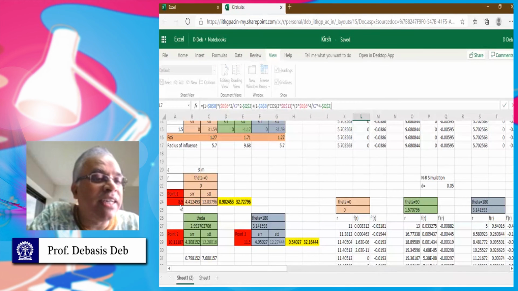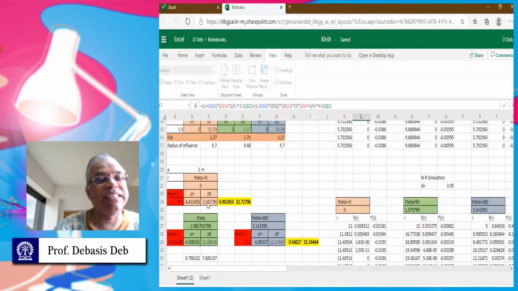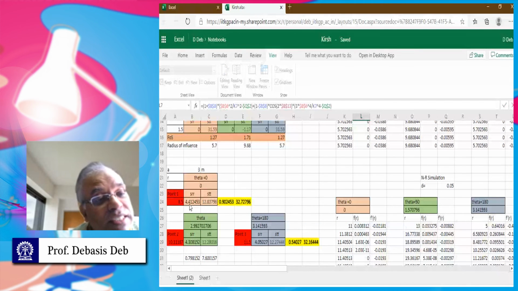So point 1 is located 8.5 meter from the center of the bigger tunnel. You agree? For that, the stresses are SRR and STT: about 12.83 MPa STT and 4.41. This is due to the bigger tunnel, assuming there is no smaller tunnel, if I only make that 6 meter diameter tunnel, this will be the stress at point 1, 8.5 meter away.